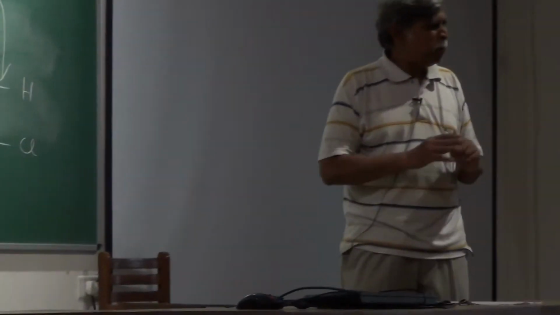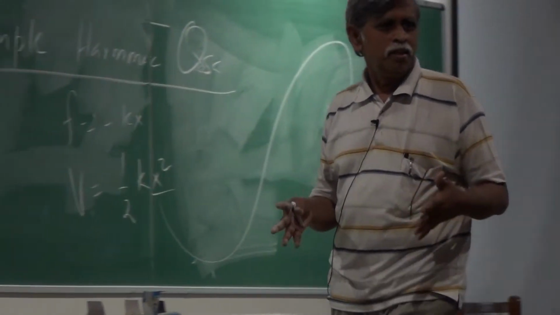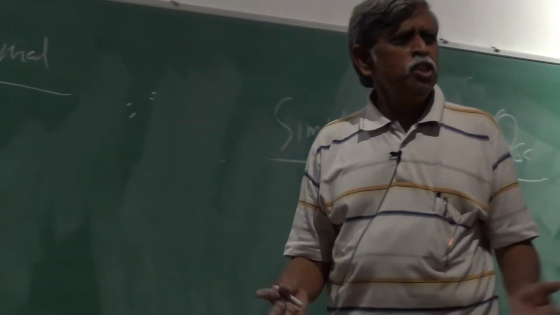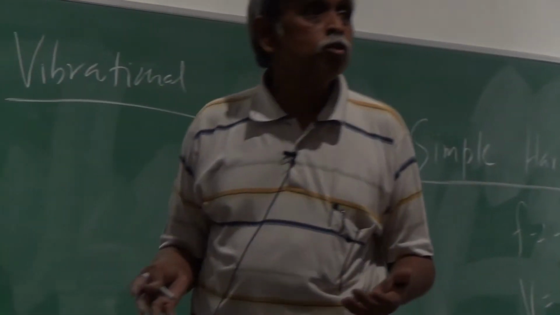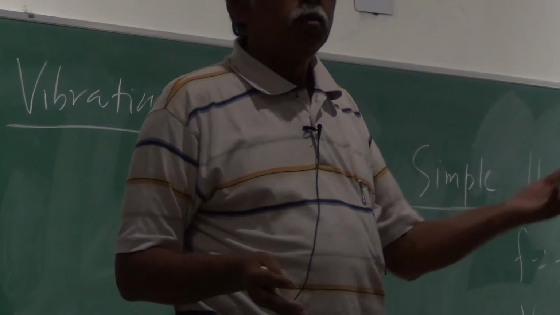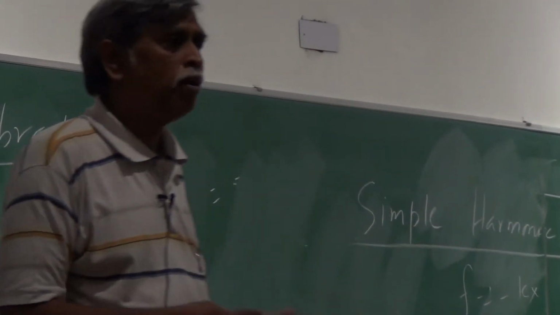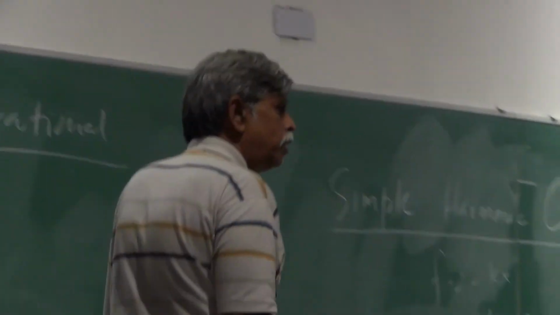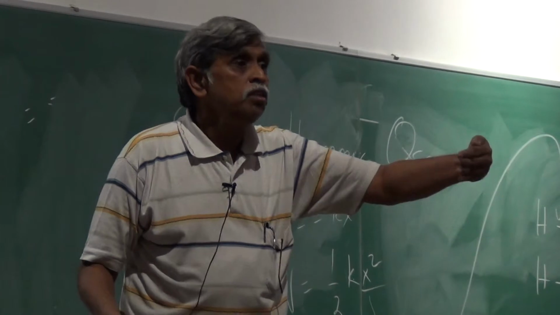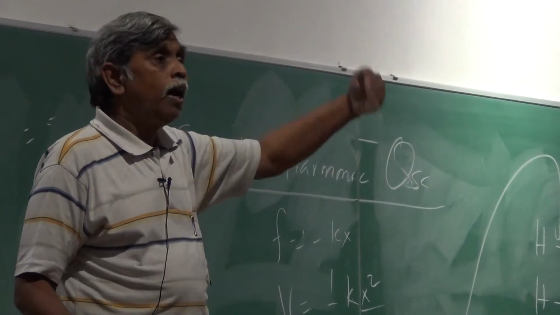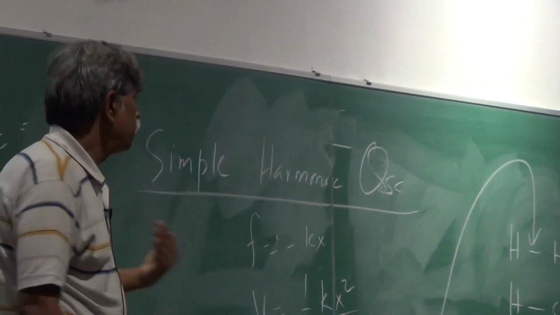Not too difficult, but messy. When you solve the Schrodinger equation for this, it will be really messy. And eventually you can. In fact, when you take the first course in quantum mechanics, over and beyond what you took in 102, you will see how this has to be solved. You use the power series method, and eventually you go ahead and solve it. And when you do that, what do you get? You get an energy equation, just like we got for the rigid rotor, and we get the wave function corresponding to each level.